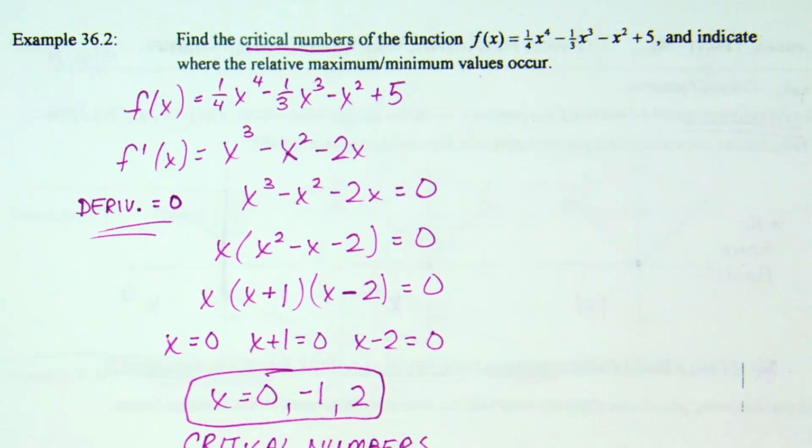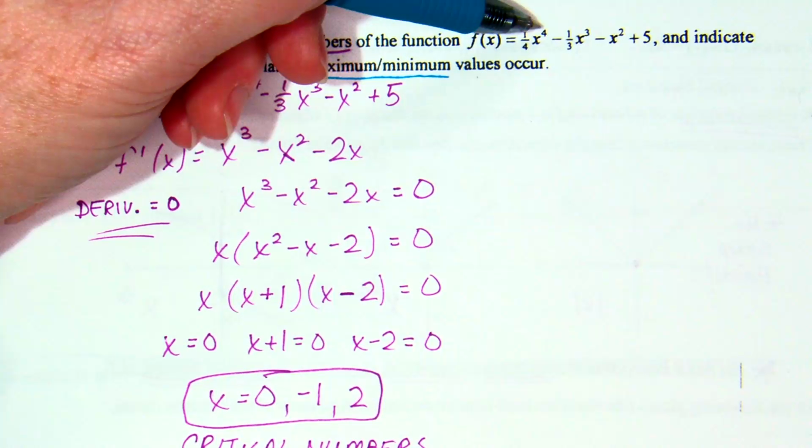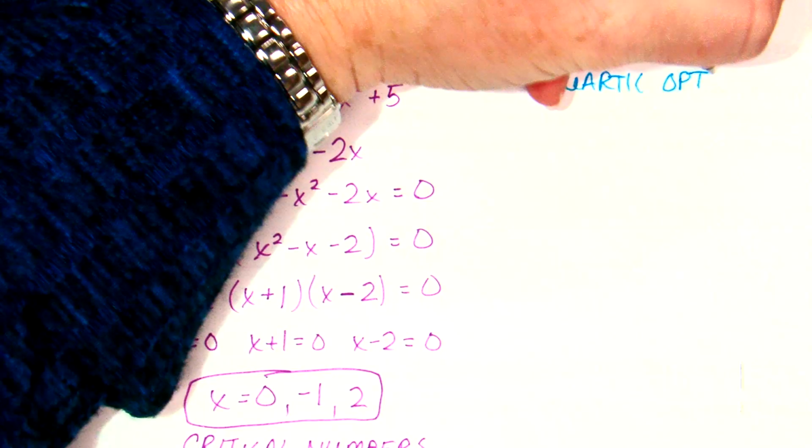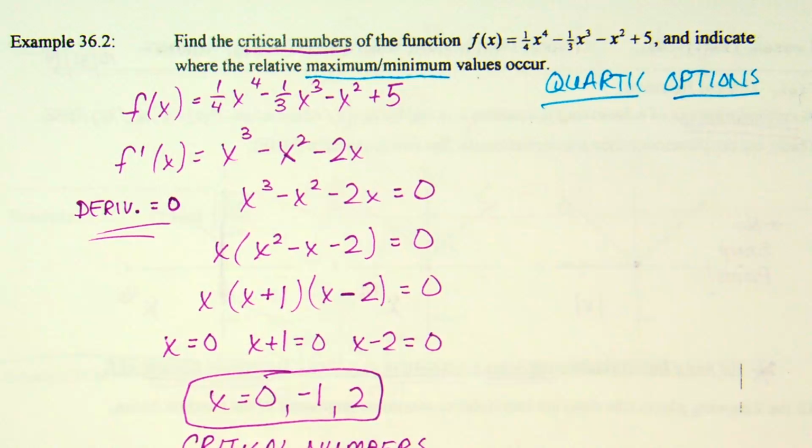Now, because I want to test your graphing brains here. What kind of graph is this originally? It was x to the 4th. So, can you visualize with me what some quartic options might look like? What's an x to the 4th graph look like?